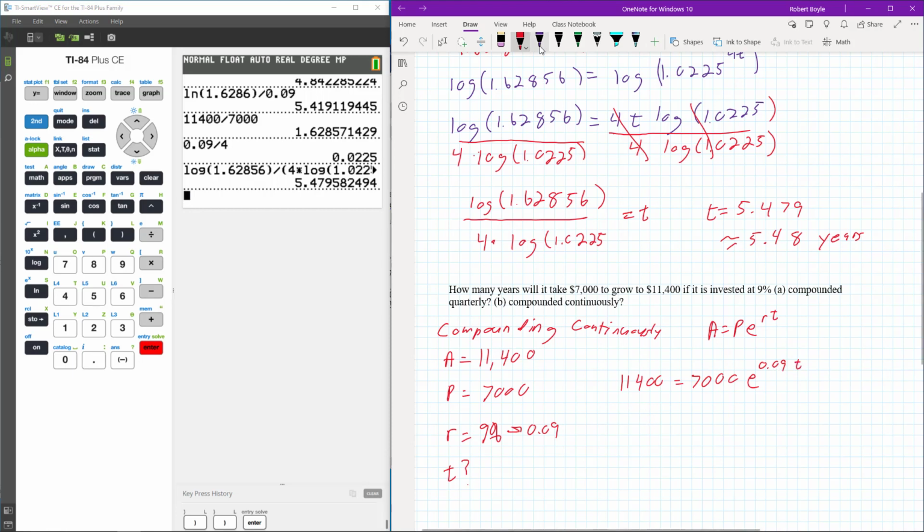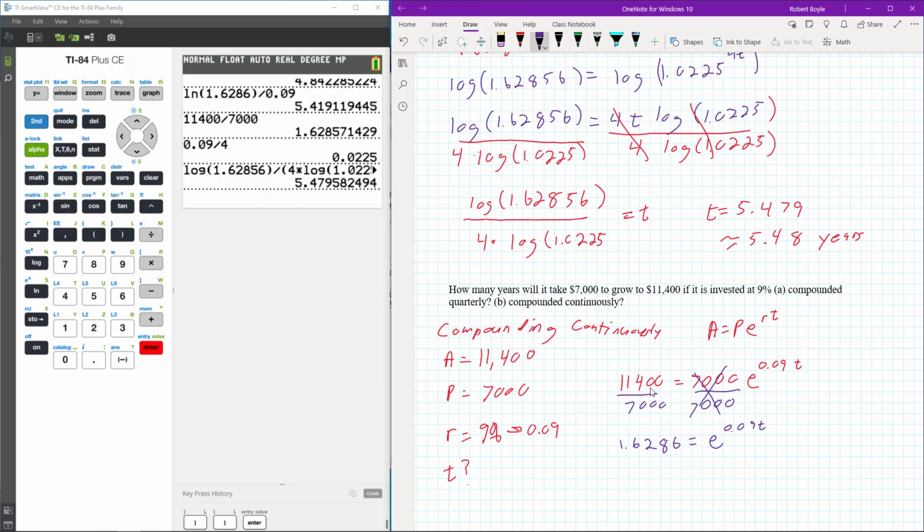Now we want to proceed the exact same way we did before. Specifically, we want to divide both sides by $7,000 to get rid of the coefficient next to the e. And if I do, these will cancel. Over here, I will have 1.6286, and that will be equal to e to the 0.09t.